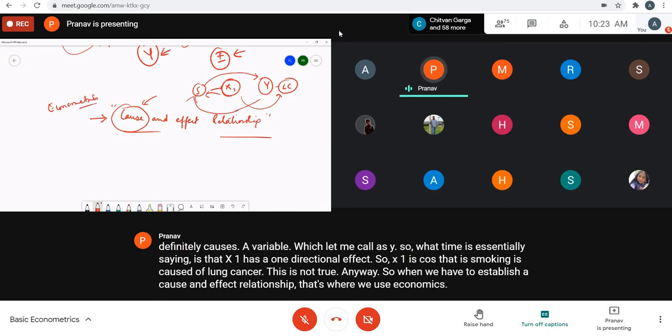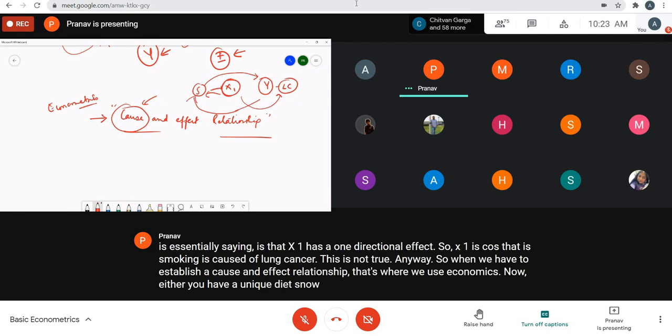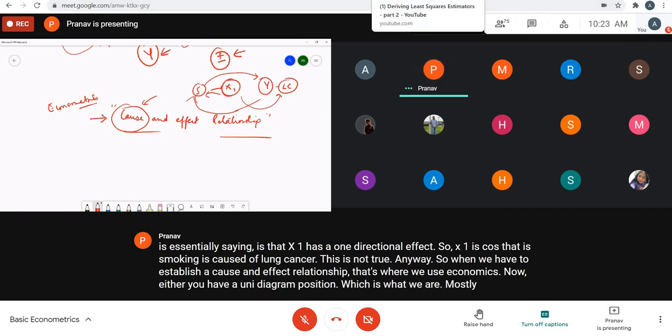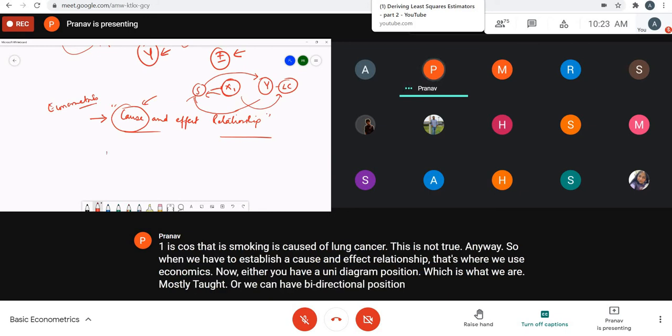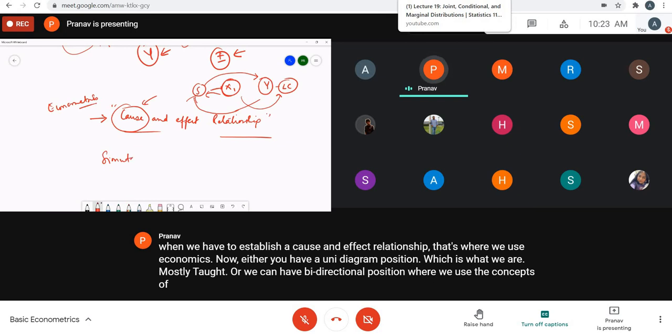Now either it will have a unidirectional position, which is what we are mostly taught, or we can have a bidirectional position where we use the concepts of simultaneous equations. Like price and quantity.